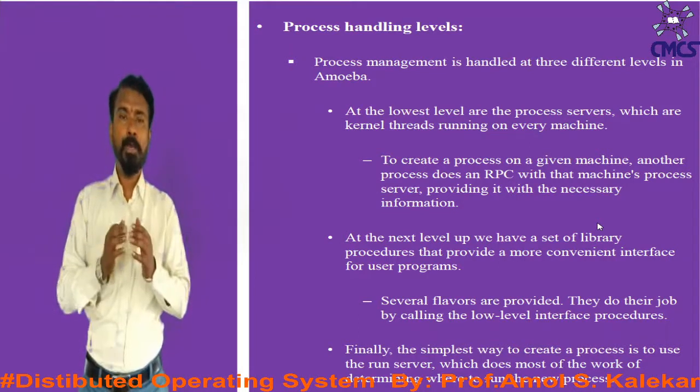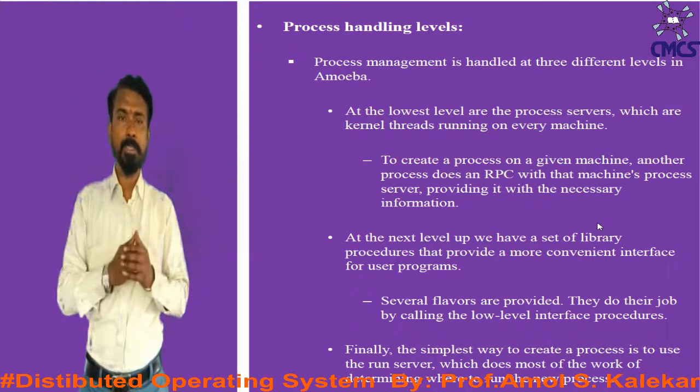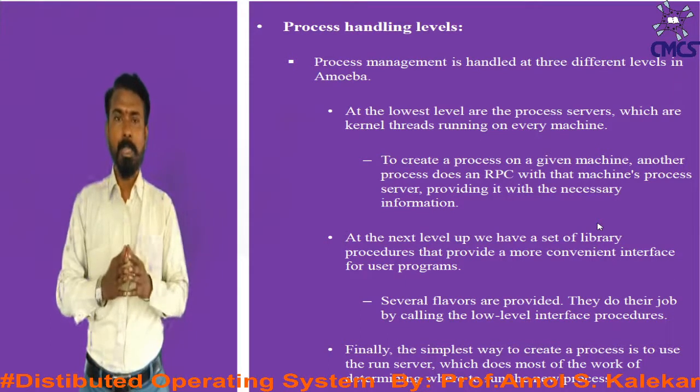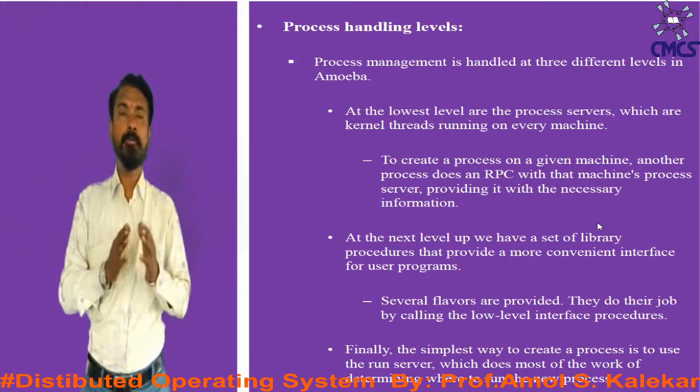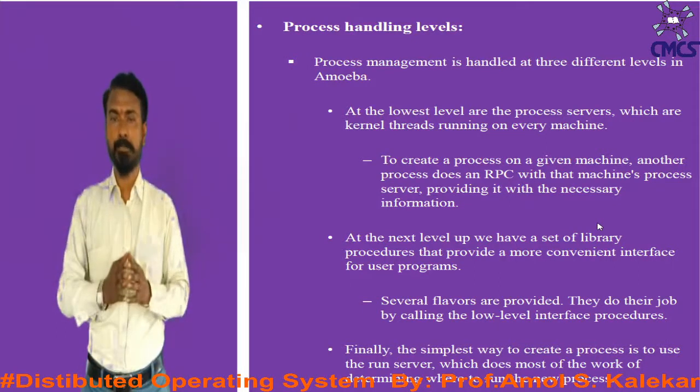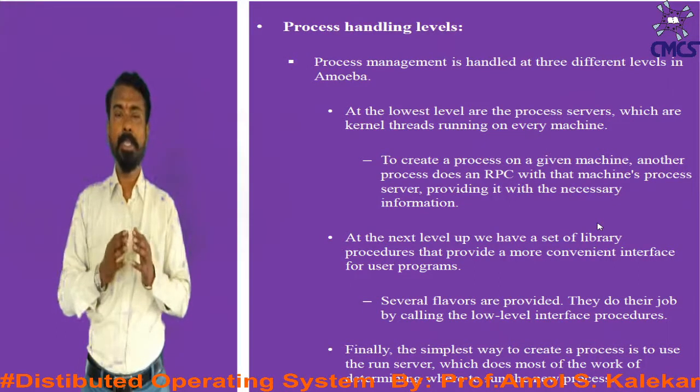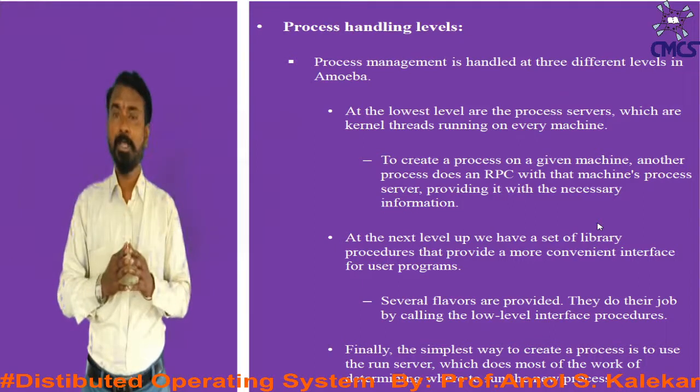Whenever you are interested in creating a process on a given machine, another process will perform an RPC with that machine's process server, providing it with the necessary information in order to create a particular process.